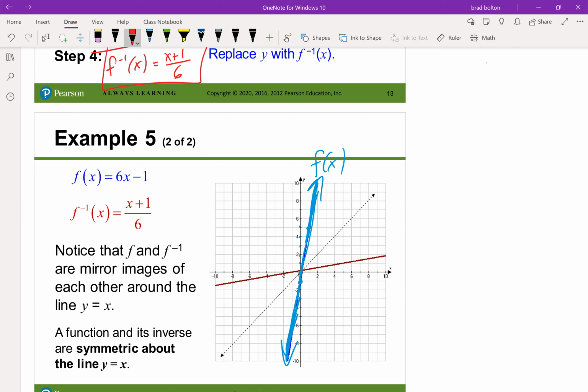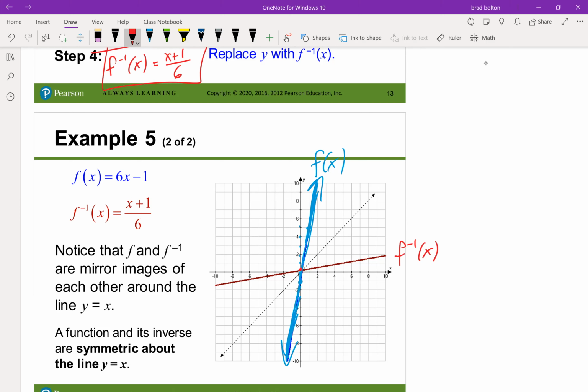Now if we try to graph our f inverse of x, that's going to be this red line right here. Again, it's really hard to see, but we put our y-intercept at 1/6, and then we rise 1 and run 6, because here's our slope: this is 1/6 x plus 1/6.